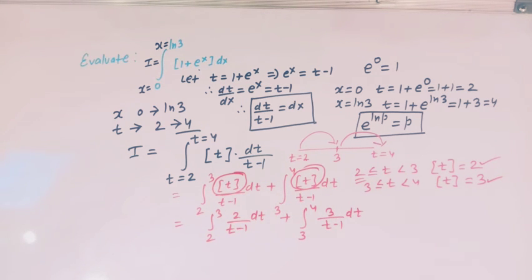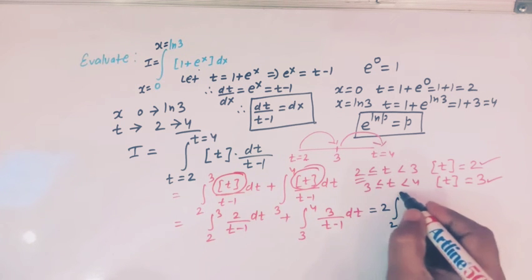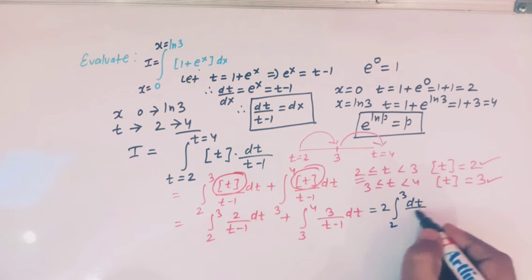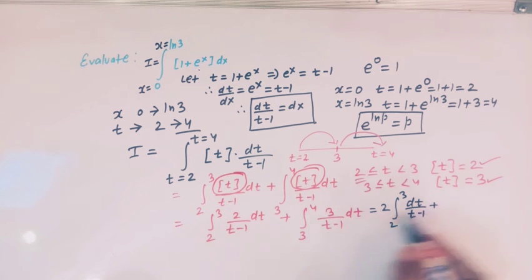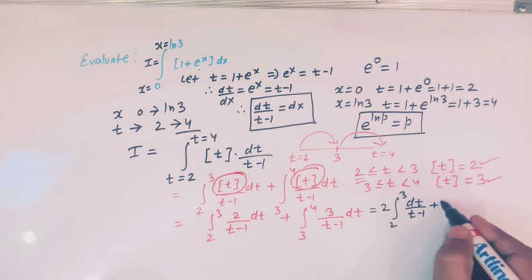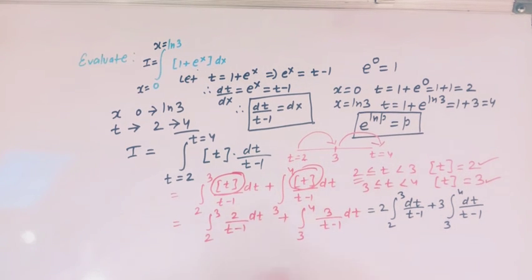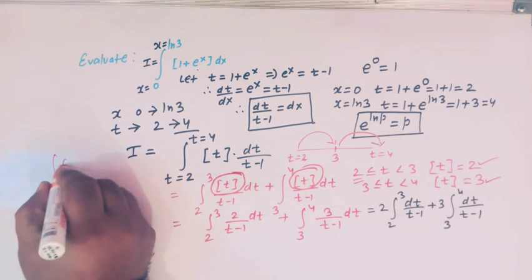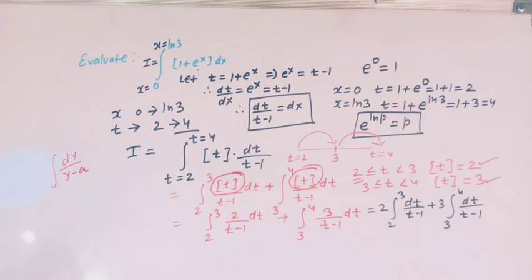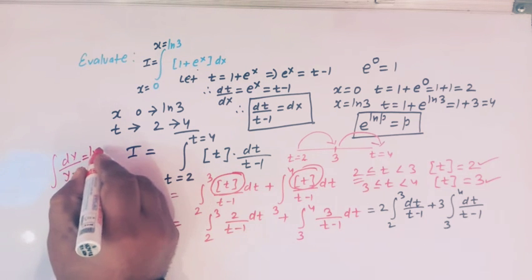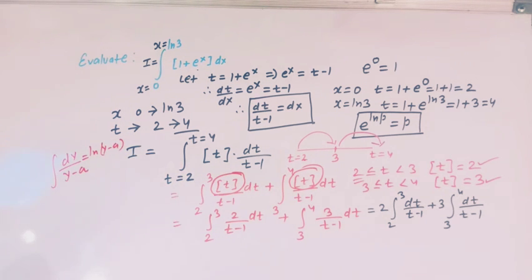Now we have two simple integrals. Taking 2 outside the integral sign, we have the integral from 2 to 3 of dt over t minus 1, plus, taking 3 outside the integral sign, the integral from 3 to 4 of dt over t minus 1. We know that the integral of dy over y minus a is equal to log of y minus a, so we will make use of this rule here.